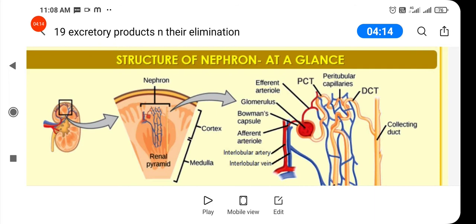So what is basically the function of kidney? The first function of kidney is to regulate water and electrolyte balance, that is the sodium ion and chloride ion balance. Secondly, it regulates the arterial pressure. We will be discussing how it regulates the arterial pressure.